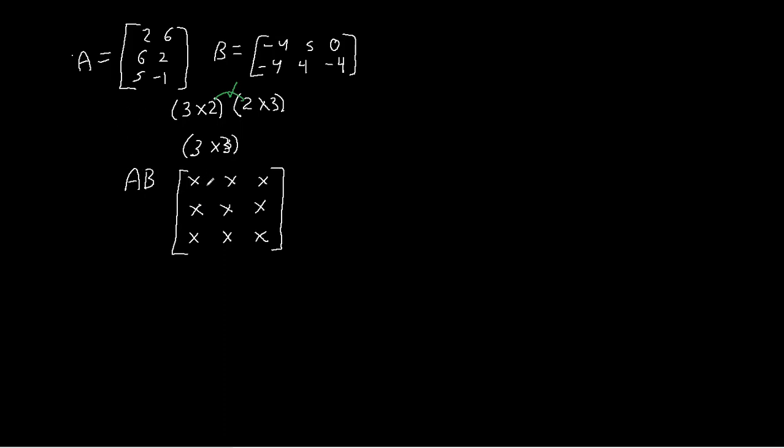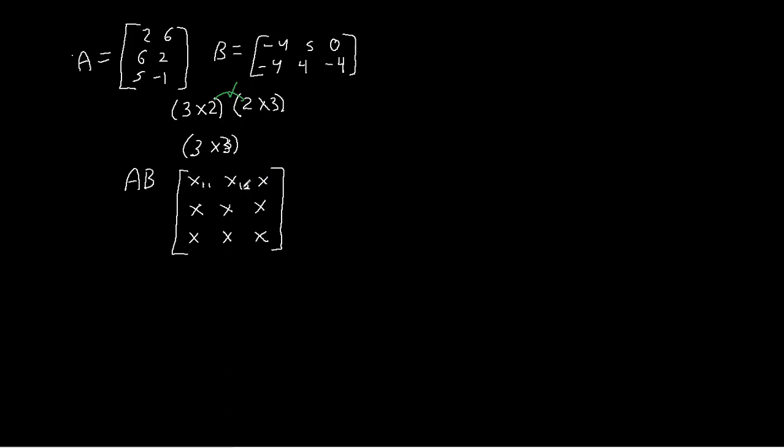And then what I do is I put a little subscript for where it is in the matrix. So this X here is in the first row, so it gets a 1. It's also in the first column, so it gets a 1 there. This one is in the first row still, but now it's in the second column, so it gets a 2 there. Again, I want to take a step back. This is 1,1 because it's in the first row and the first column.